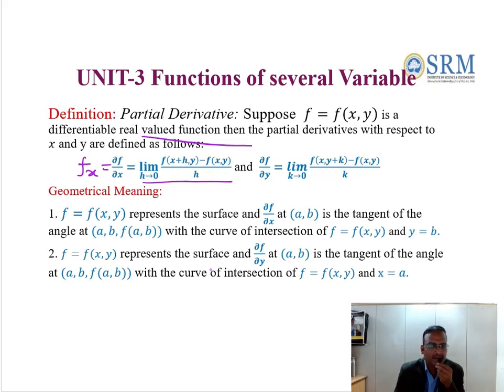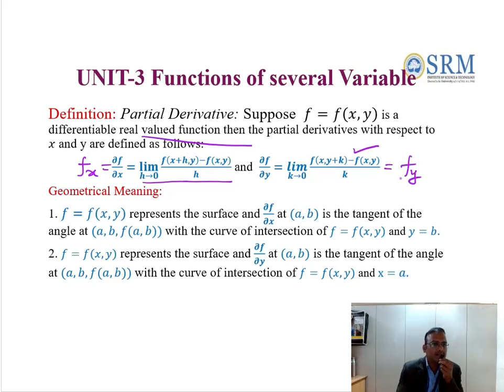Similarly, the partial derivative of f with respect to y is defined as the limit as k tends to 0 of f of x comma y plus k minus f of x comma y, divided by k. If this limit exists, we denote it as dou f by dou y, or sometimes f suffix y.